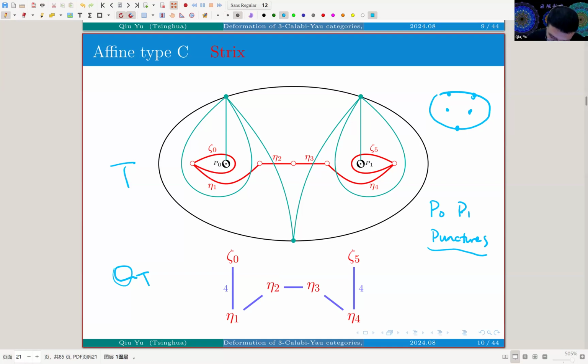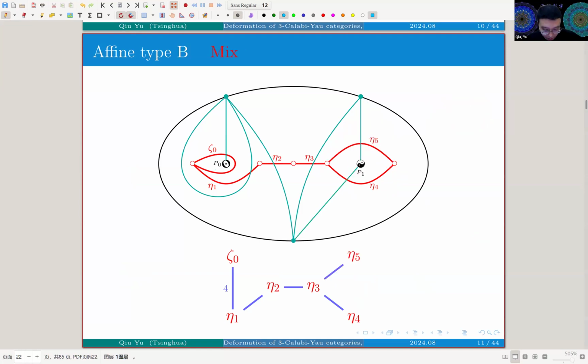For a loop arc, whose endpoints coincide, when it intersects another arc we connect the corresponding vertices and add an extra label 4. Then we get a Dynkin diagram of affine type C, C5 tilde.